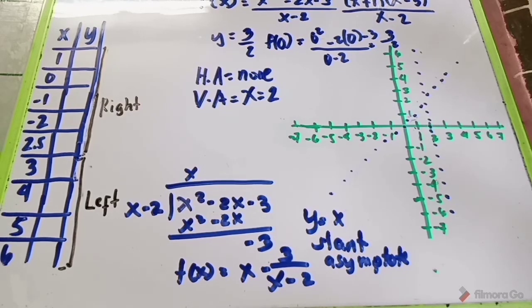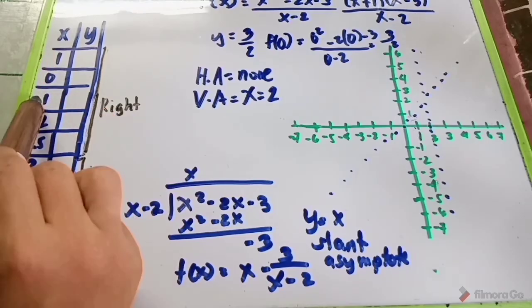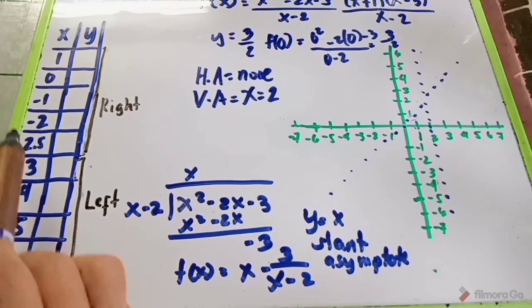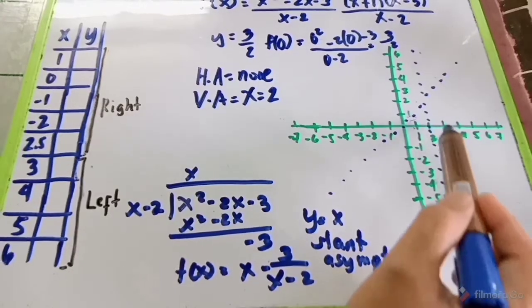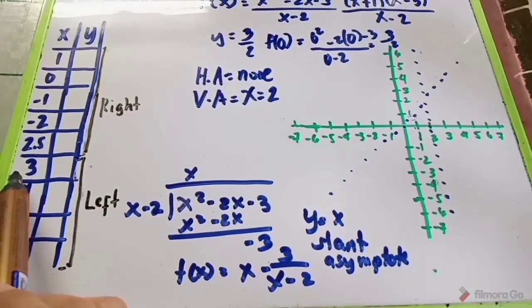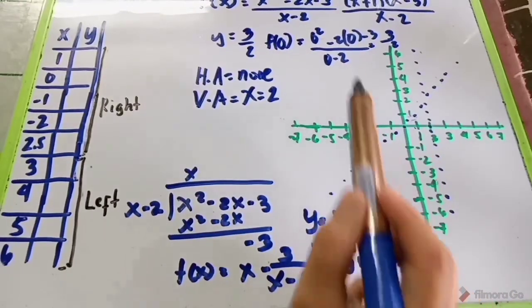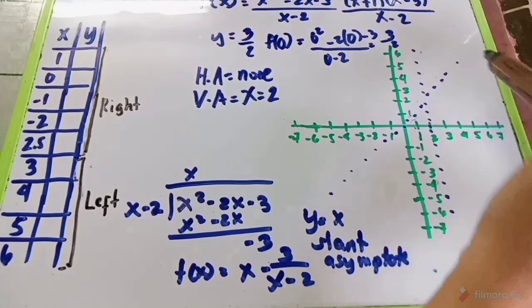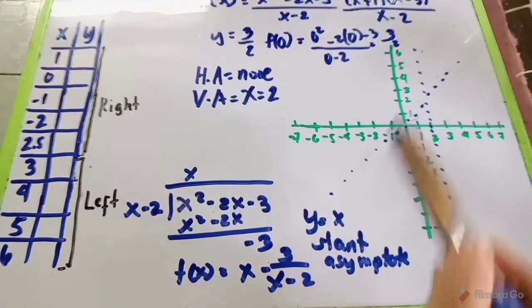So look at this one. We have 0, 0, 1, negative 1, negative 2, and then the 2.5, maybe around here, take note. So 3, 4, 5, 6, so maybe on the other side. On the right side, we will draw, take note, it will not touch the slant and vertical.